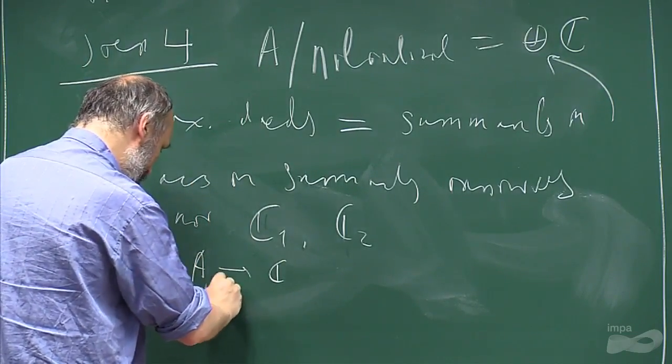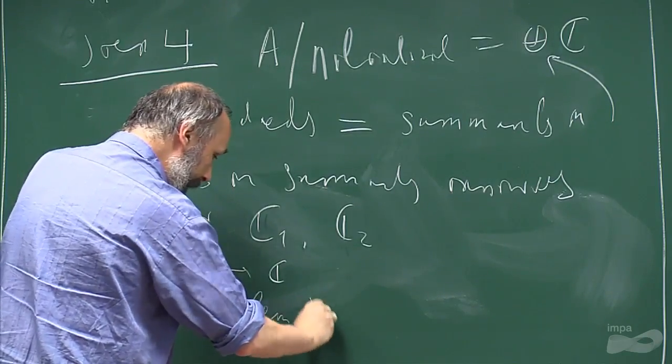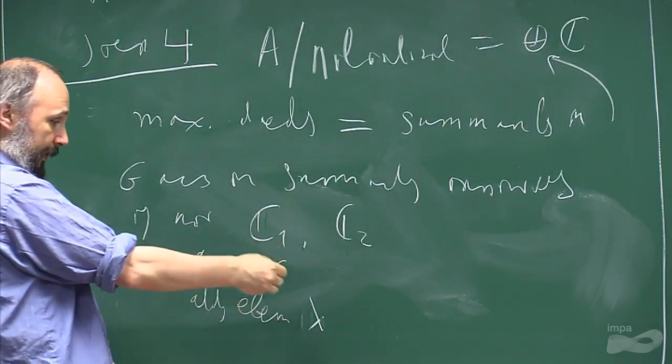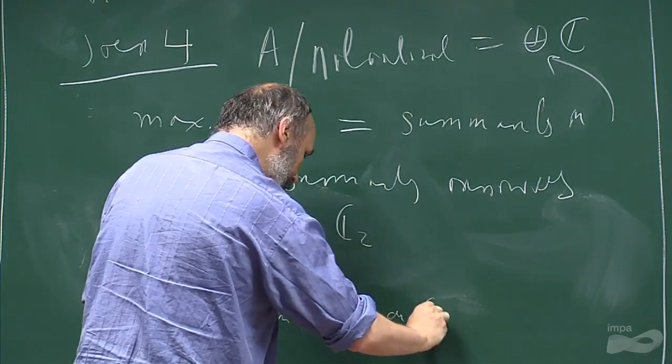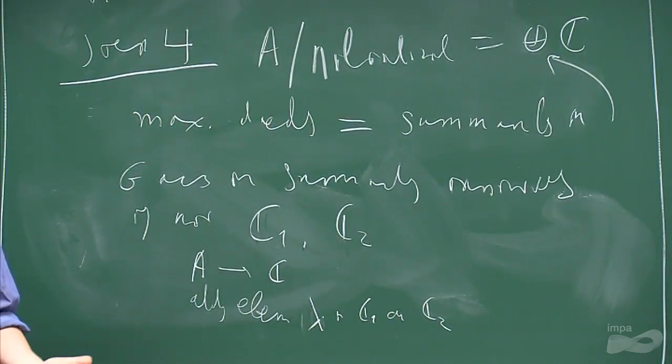So this is C and this is C. You have copies of each complex number here in C1 and C2. This gives you a co-invariant.